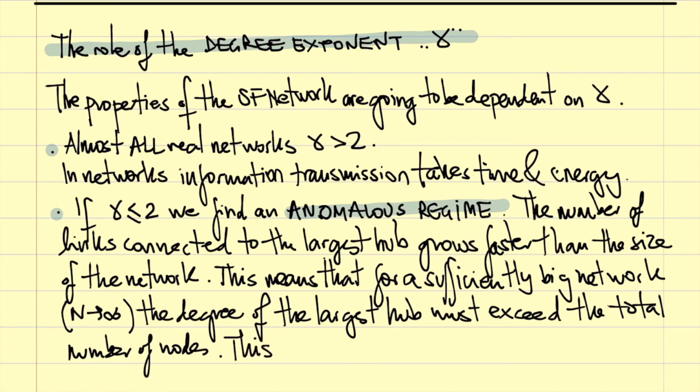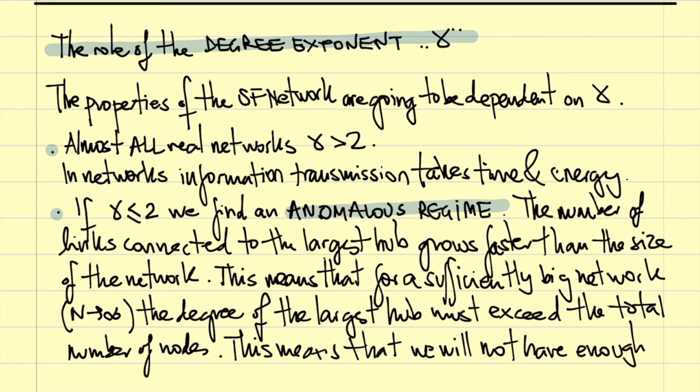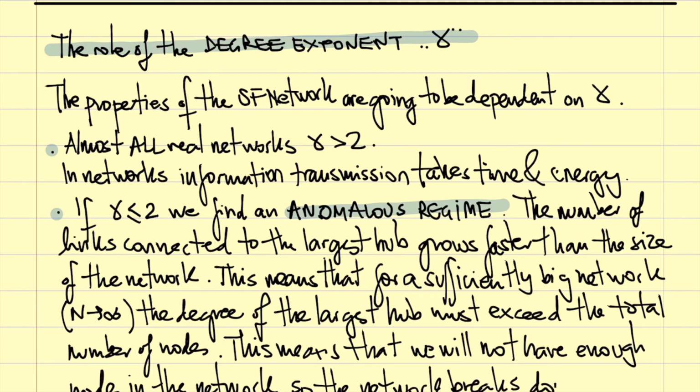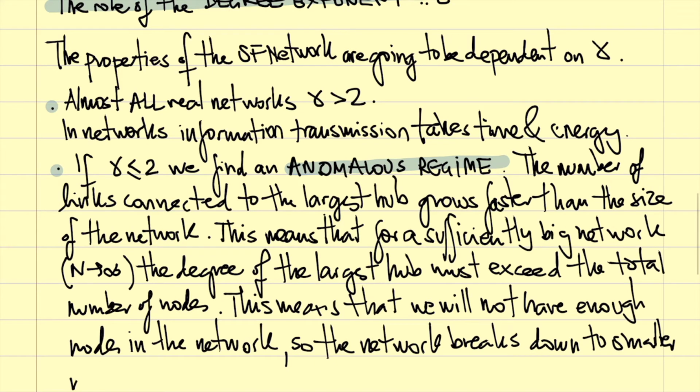This means that we will not have enough nodes in the network, so the network breaks down to smaller networks.